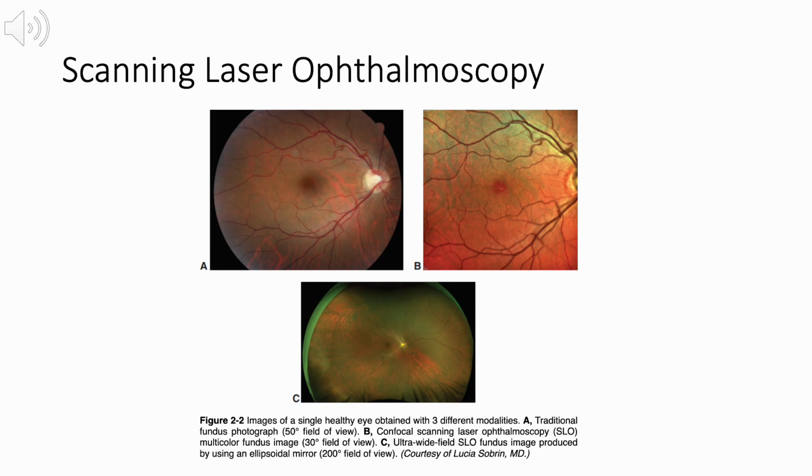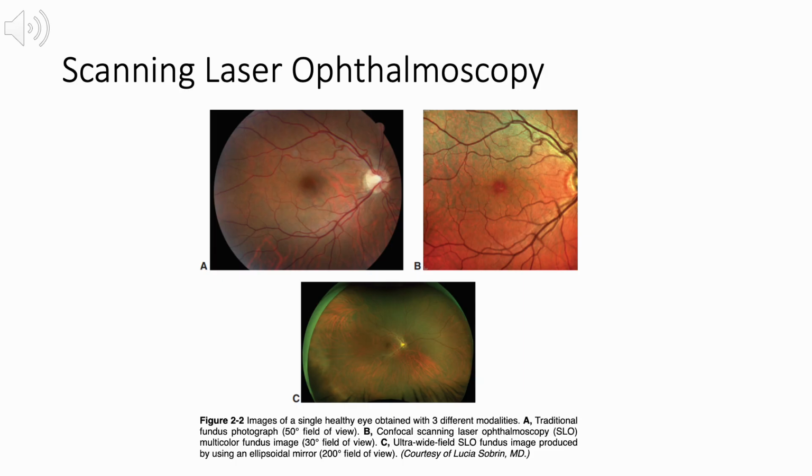Panel B shows a confocal scanning laser ophthalmoscopy multicolor fundus image with a narrower field of view of about 30 degrees. Although the color appearance is less natural, this image provides enhanced contrast and detail due to the confocal, laser-based acquisition. Panel C demonstrates an ultra-wide field SLO image obtained using an ellipsoidal mirror system, providing a field of view of approximately 200 degrees.